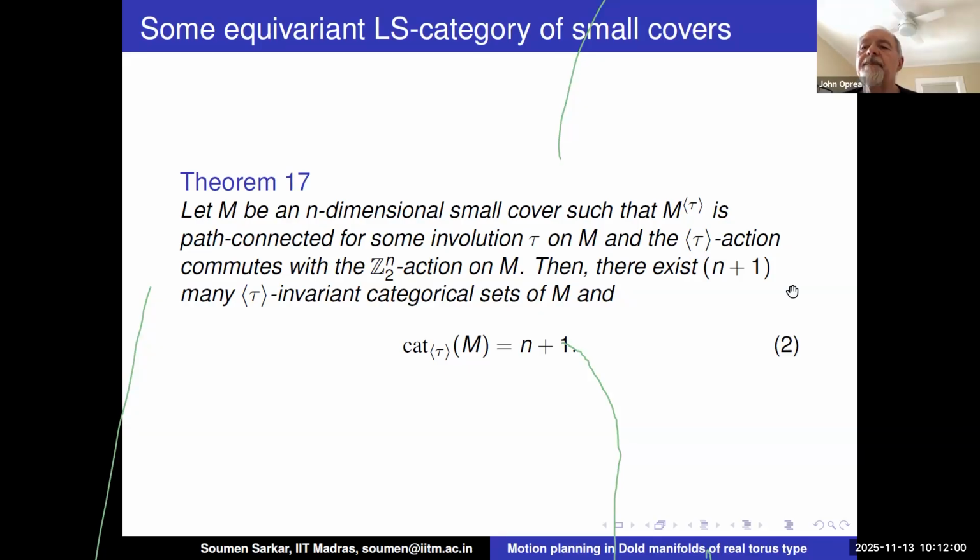For example, take RPN, then if the dimension is more than 1, we have the antipodal action, so it is a universal cover. As I mentioned, if we take a generalized Bott manifold, then there is a covering which is a product of spheres, so that will be the universal cover. So the universal cover of this space is a moment angle manifold, and many studies are happening on that moment angle manifold. In particular, we can think of it as a polyhedral product space.